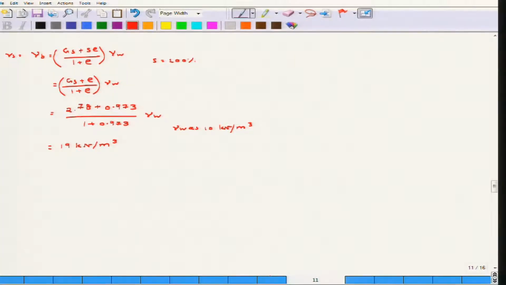Now, there is one more thing that you have to consider in this case. Remember that the water table is at the clay layer, and basically there will be a capillary rise in the sand layer. So, in the capillary zone, we will consider the sand to be completely saturated.